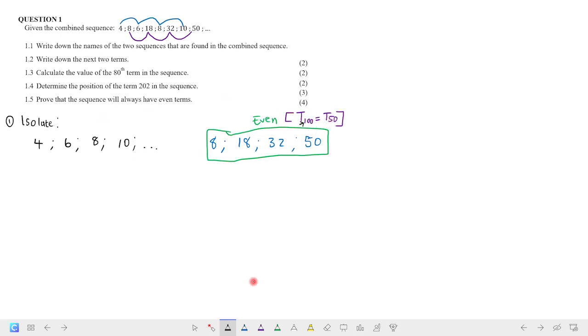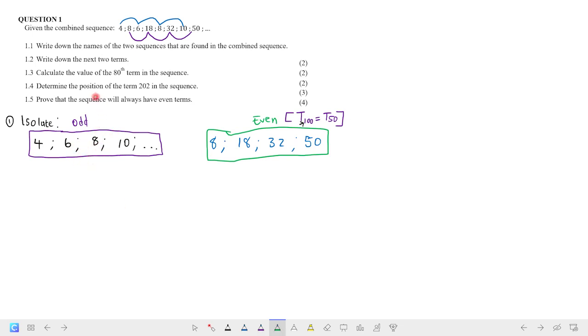What about the second part? Same thing. These numbers, we got them from the odd numbered terms in the combined sequence. So whenever we're being asked about an odd number, we should know that we're being asked about the term number that belongs in this sequence here, right?